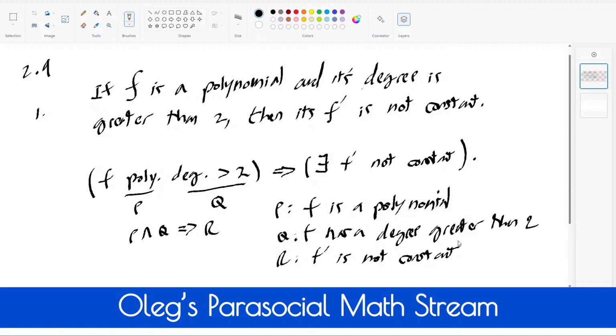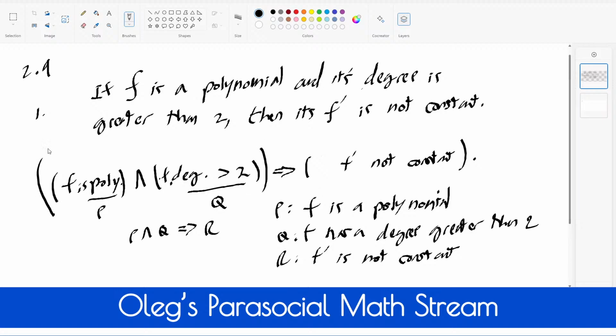If I wanted to change this to the form that I was using, we would not need the exists, I think, because it just implies the R. This is how I believe it should be. f is polynomial and f degree is greater than 2.